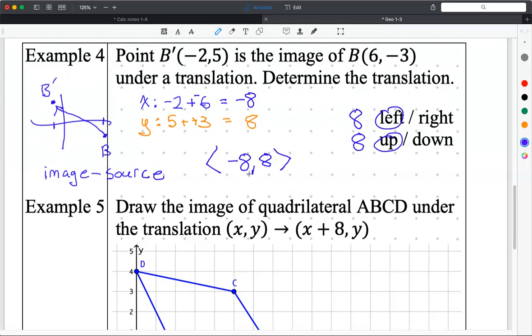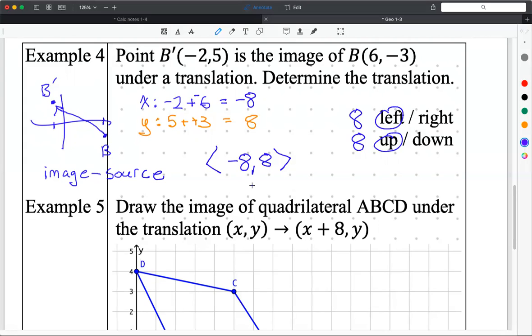I've been using this word vector, and I haven't formally defined it. Vector just means an arrow moving from one place to the other. So I have a magnitude and direction. I'm moving by this amount, and it has the embedded amount and direction in there.